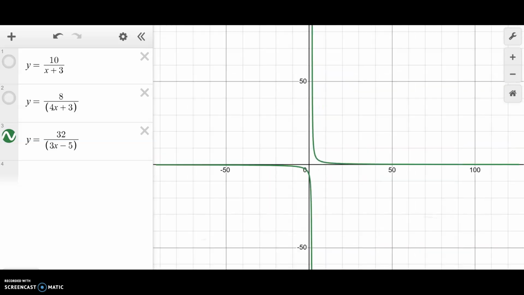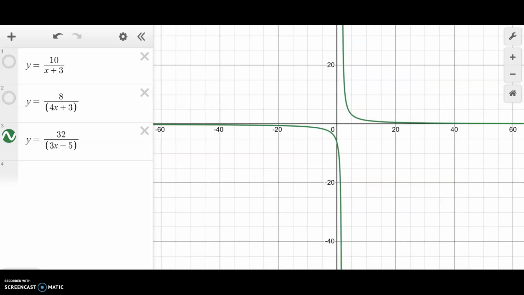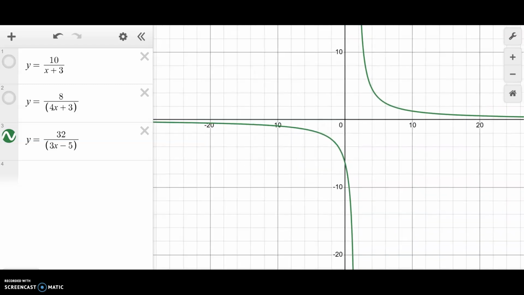So if we zoom out, I can see that my horizontal asymptote appears to be y equals 0. Now, in all three of these instances, we have non-vertical asymptotes that happen to be a horizontal asymptote, and those asymptotes appear at y equals 0.